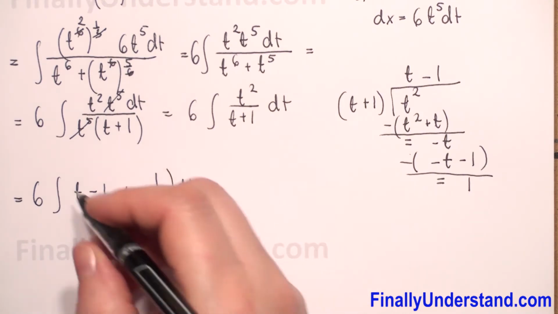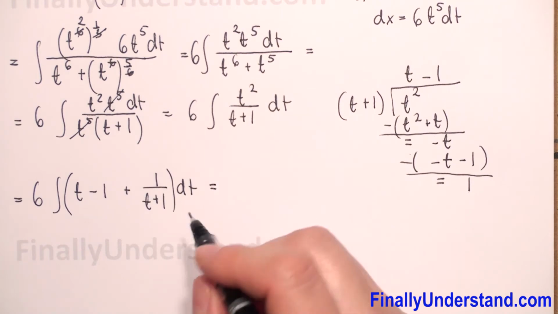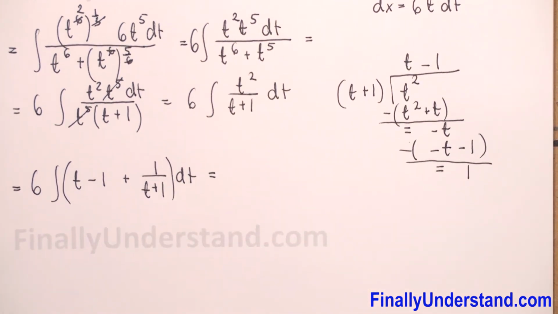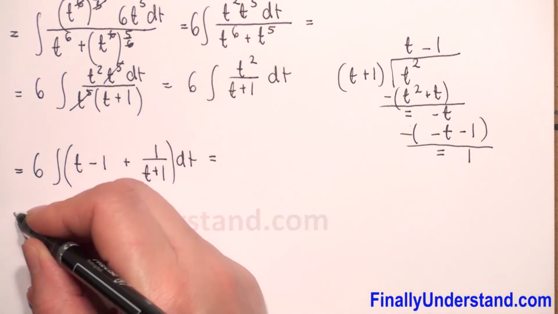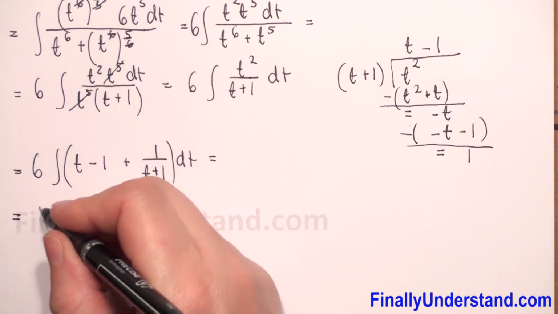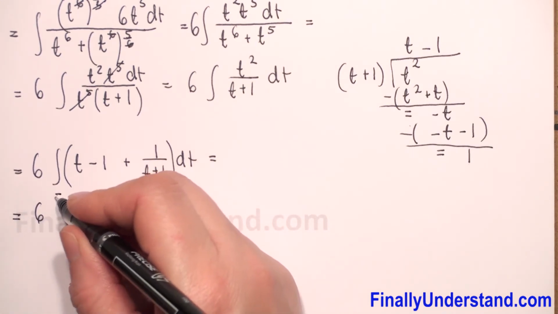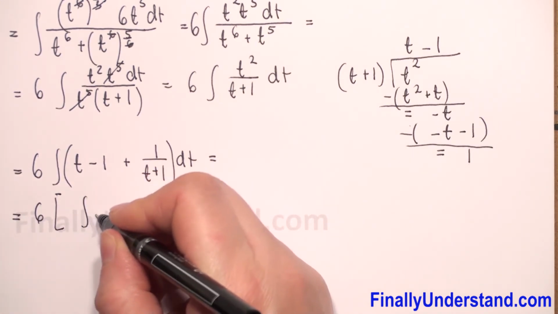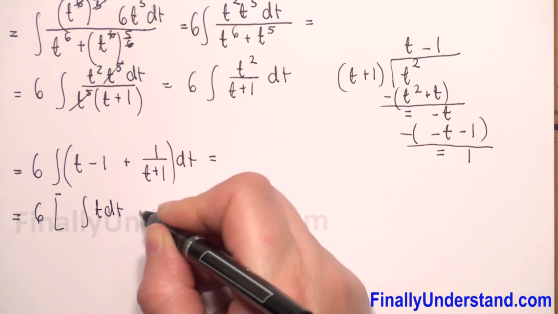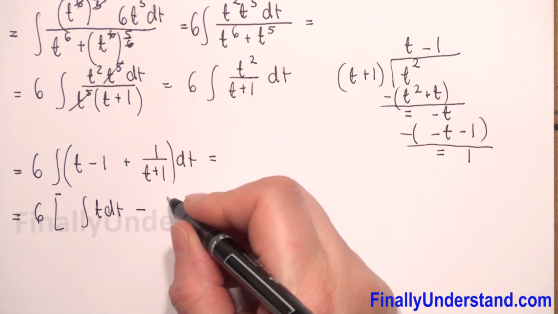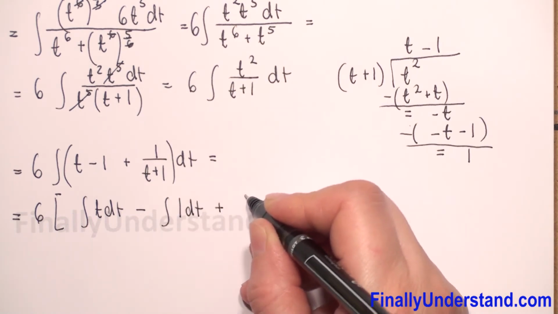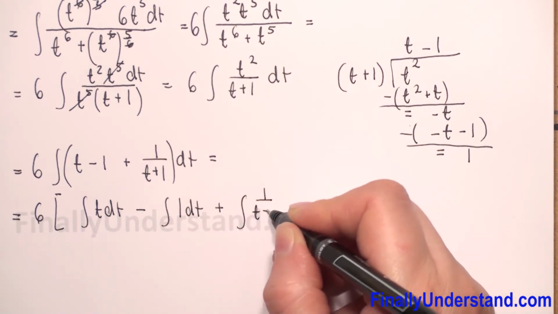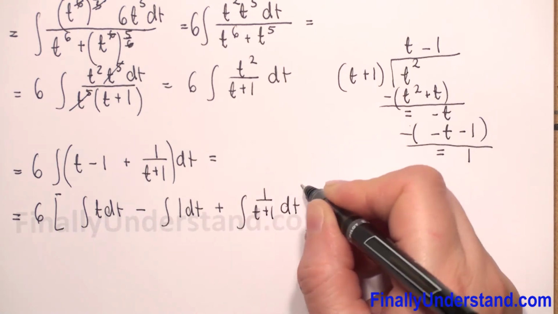dt, of course. So this is equal to, since the integral of a sum or difference is the sum and difference of integrals, 6, and in brackets we will have the integral of t with respect to t, minus the integral of 1 with respect to t, plus the integral of 1 over t plus 1 with respect to t.